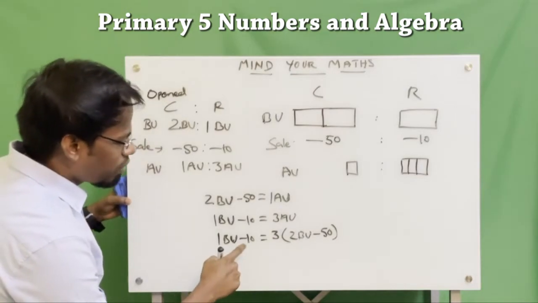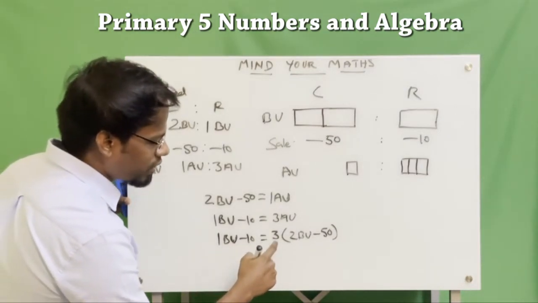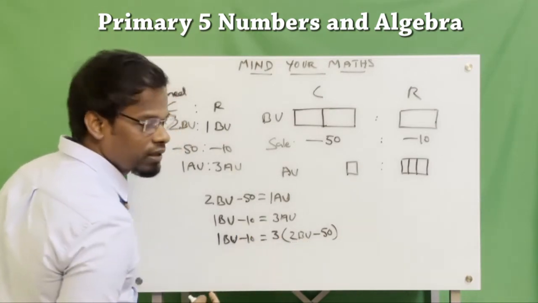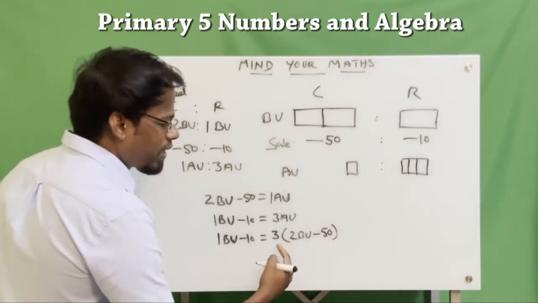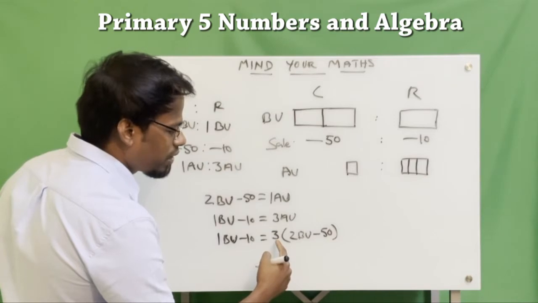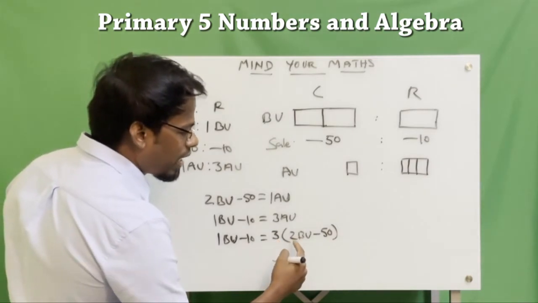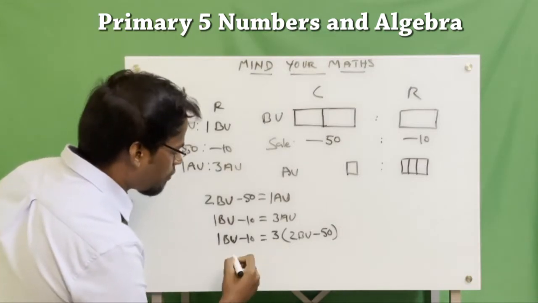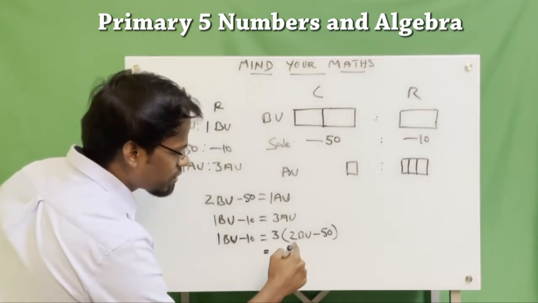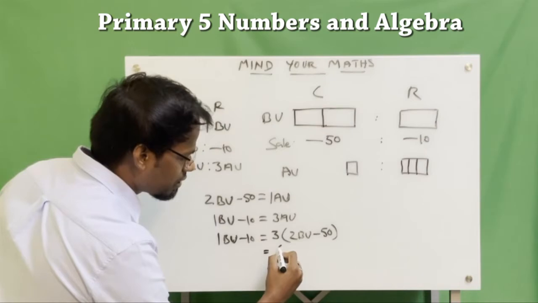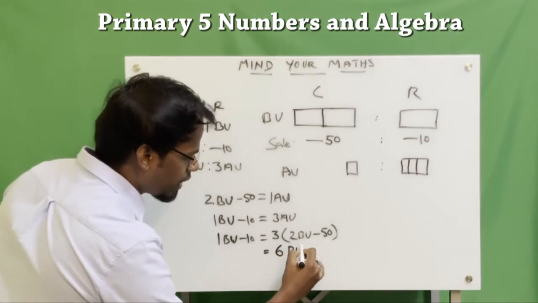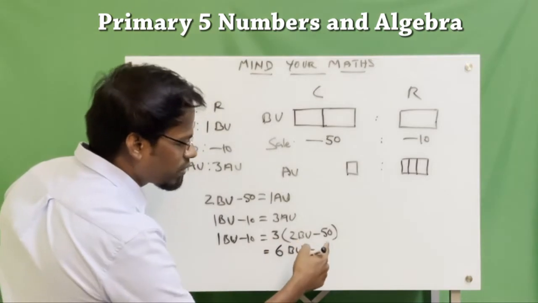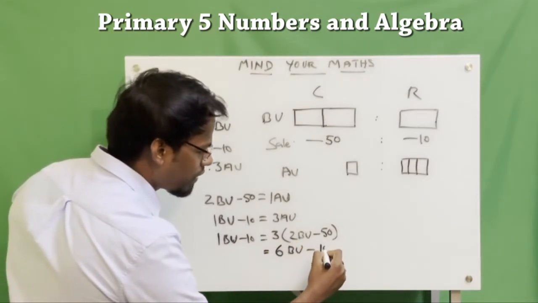So 1 BU minus 10 is equal to 3 times 2 BU minus 50. Now let's simplify this one. Let's multiply the values inside the bracket by the 3. So 3 times 2 is 6BU, minus 3 times 50 is 150.